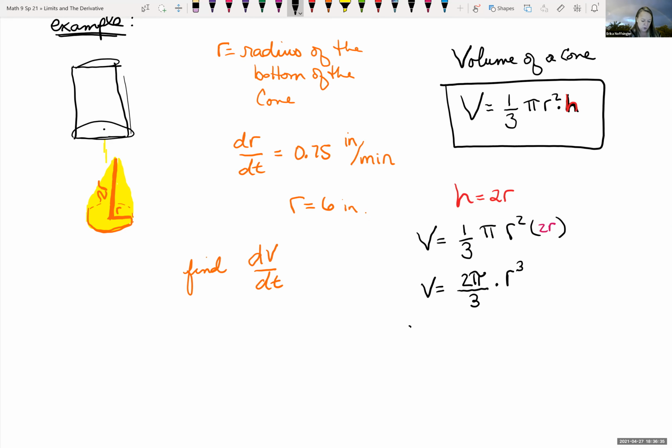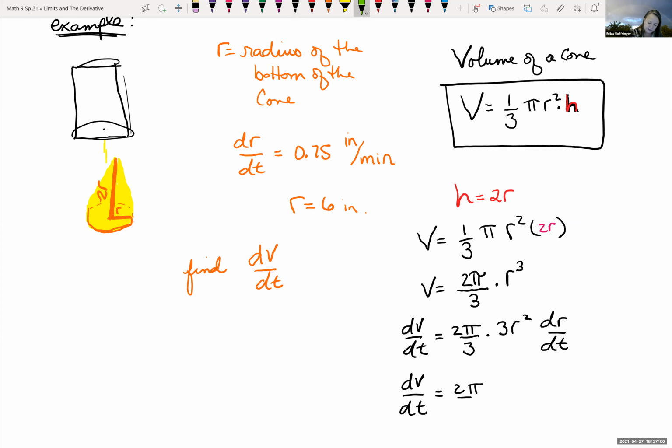So the derivative of V is dV/dt, which is equal to our coefficient 2 pi thirds times the derivative of r cubed, which is 3r squared dr/dt. Notice our 3's cancel in the numerator and denominator. So we're left with 2 pi r squared dr/dt.